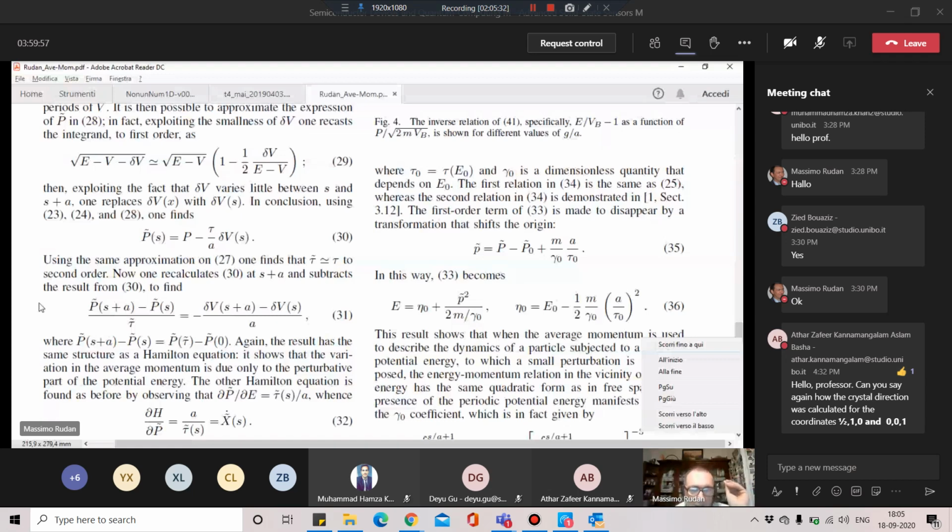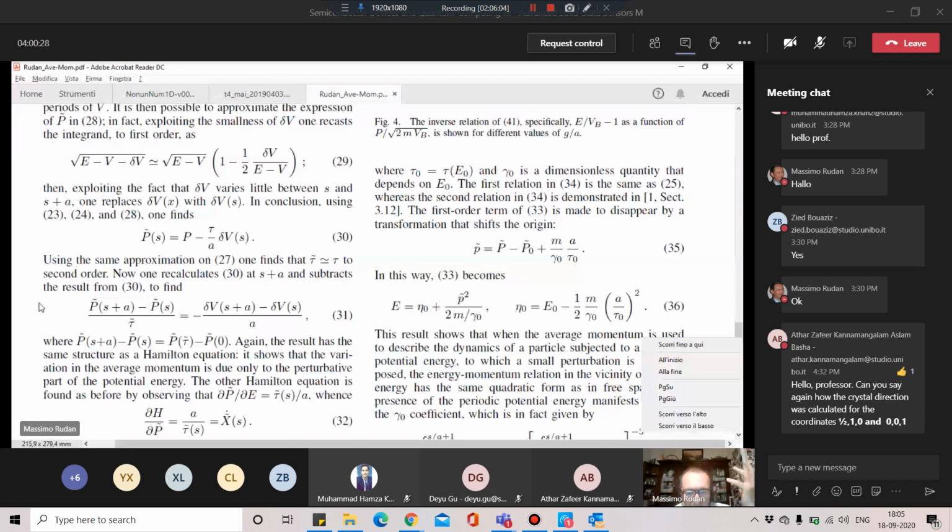Why? Because it gives you the possibility to describe the dynamics of a particle inside the crystal by considering only the external forces. You embed the potential and the periodic potential energy of momentum in the average operation that you carry out on momentum. Okay?